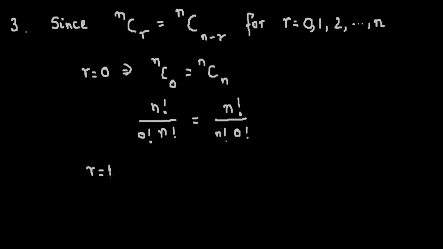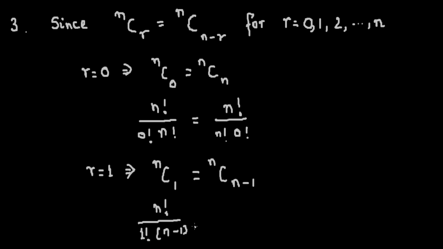Then we have r equals 1. So r equals 1 will give nC1 must be equal to nC(n minus 1). You can also check this out. This will be n factorial over 1 factorial times (n minus 1) factorial, which is equal to n factorial over (n minus 1) factorial, and n minus (n minus 1) would give us 1 factorial.